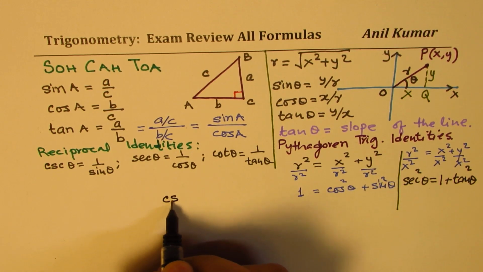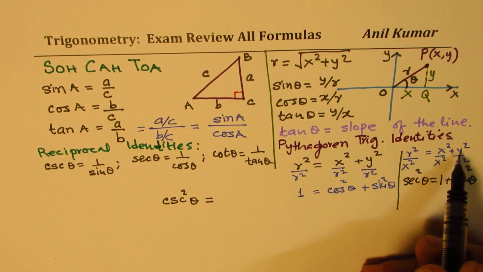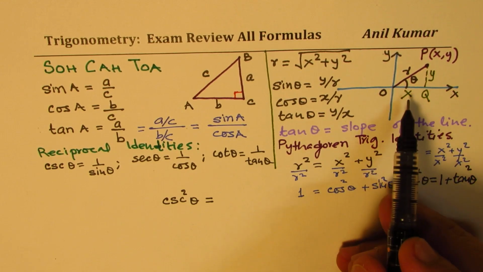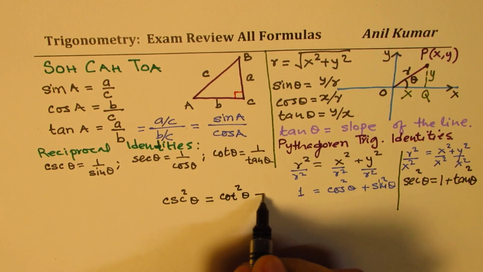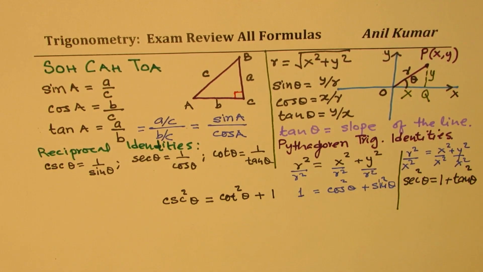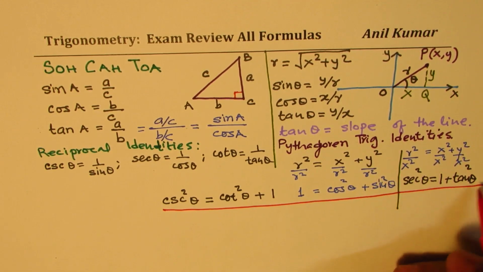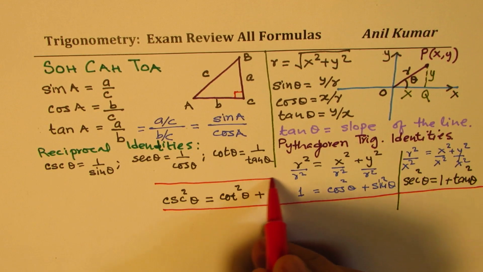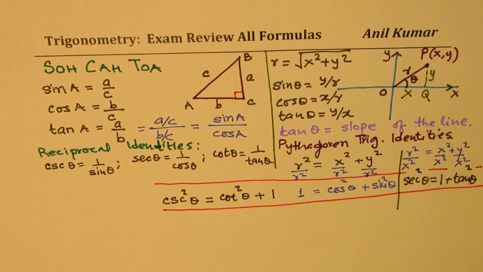So we get cosecant square theta equals x over y, which is cotangent, so cot square theta plus 1. That is the third identity which we are going to get. So these three are our trigonometric identities in Pythagorean form.